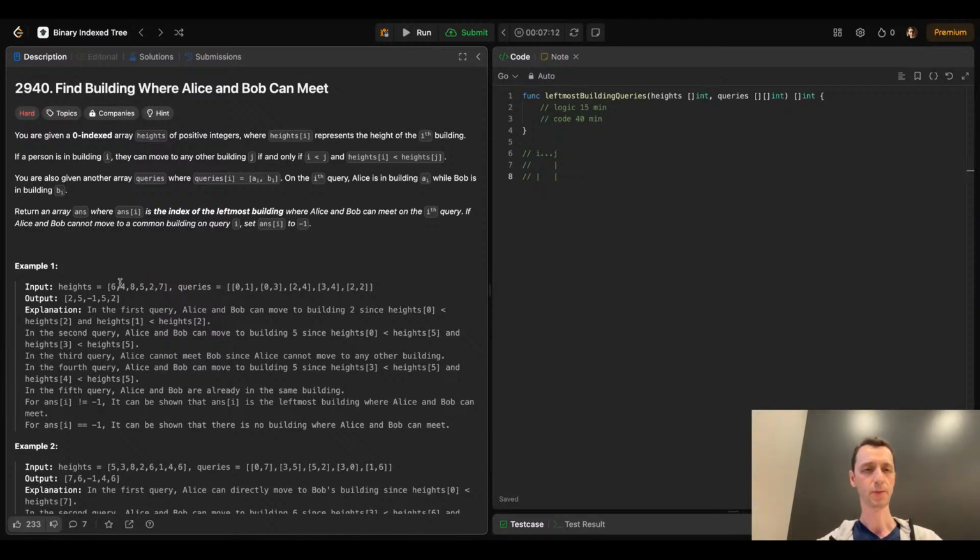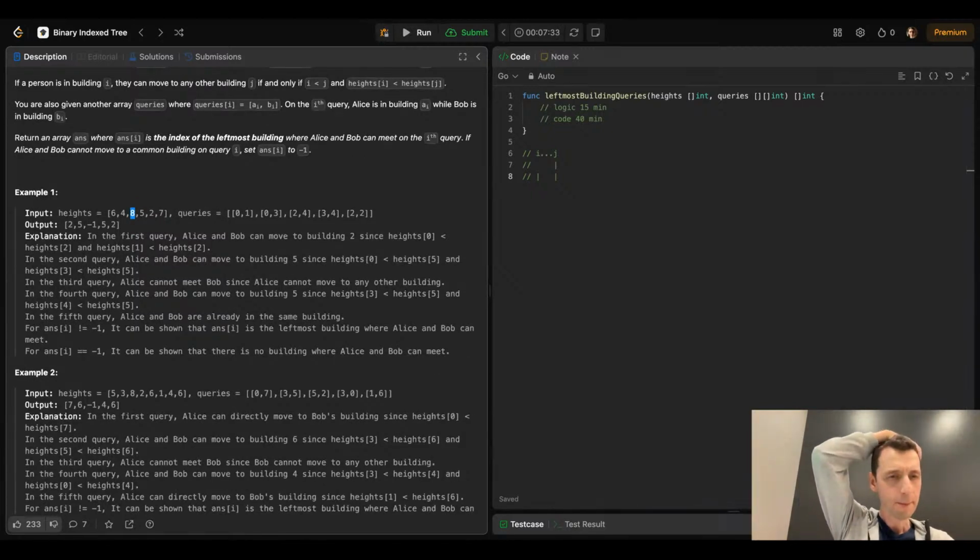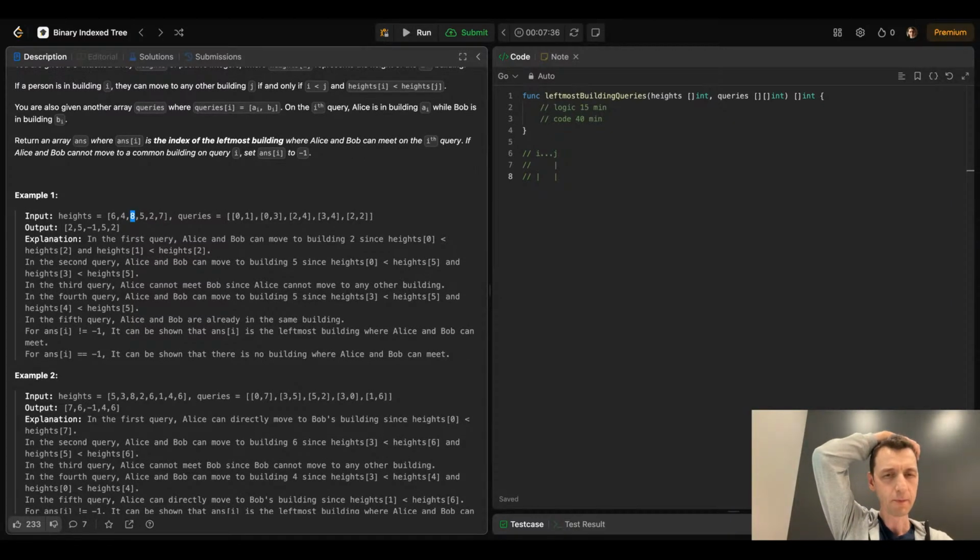And 2 and 2, they're already in the same building.